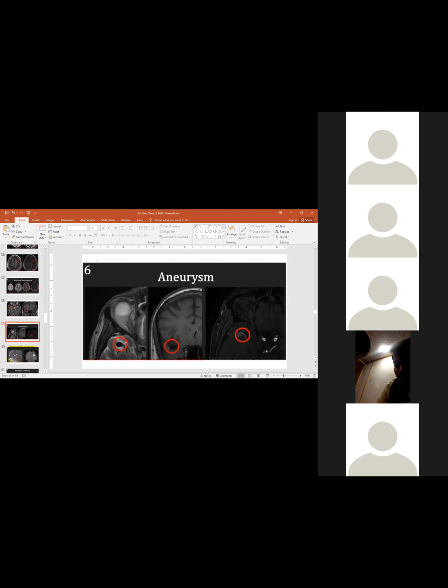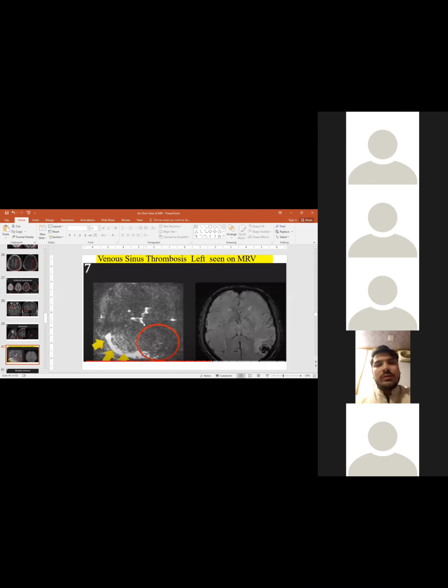Now, go to the venous screen. While doing the MRV, which is magnetic resonance venography of the venous system, we can appreciate on the right side the venous blood seen in the sinuses of the right side of the brain.